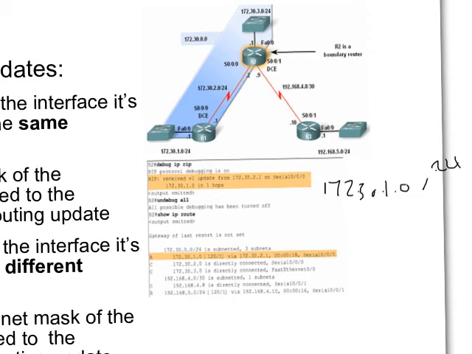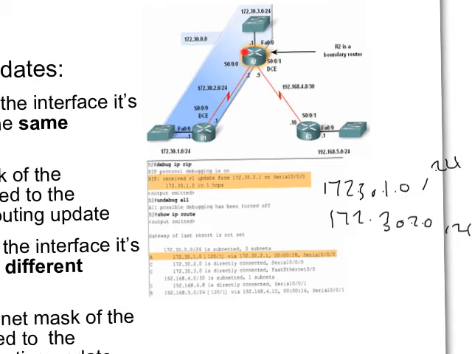It will also have 172.30.2.0/24 because this one also is directly connected to it. And it will have a route entry for 172.30.3.0 using one hop to R2.